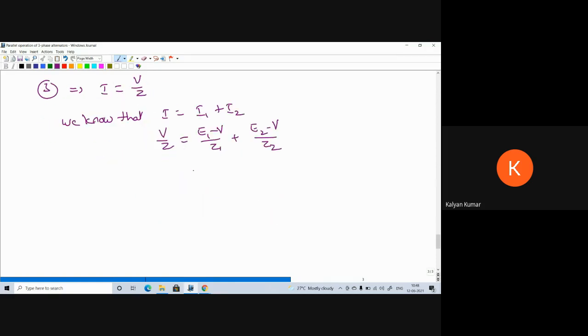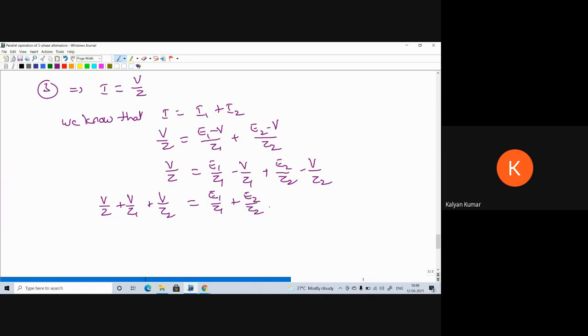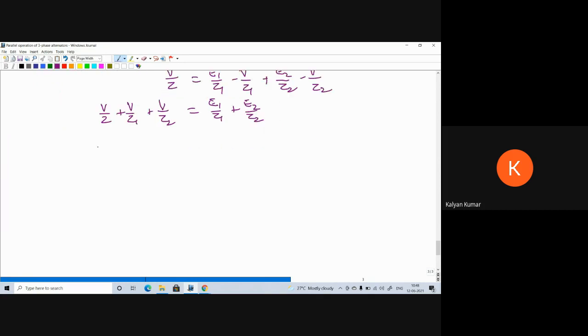So that can be written as E1 by Z1 minus V by Z1 plus E2 by Z2 minus V by Z2, that equal to V by Z. So if you move all the V terms on one side, V by Z plus V by Z1 plus V by Z2 equal to E1 by Z1 plus E2 by Z2. If you take V common, V times (1 by Z plus 1 by Z1 plus 1 by Z2) equal to E1 by Z1 plus E2 by Z2.